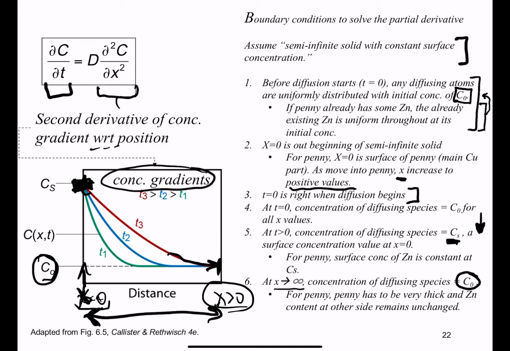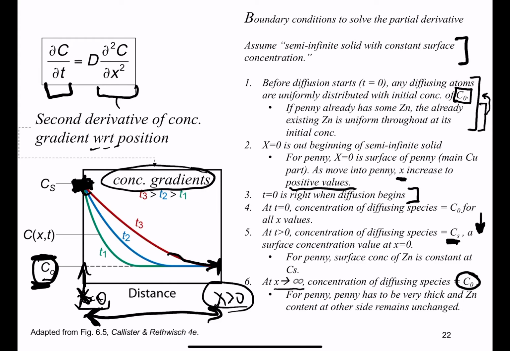Okay, so we will move asymptotically towards the concentration of zinc that we started with, and we don't change C0 at the outermost bottom boundary, which is represented by x equals infinity.